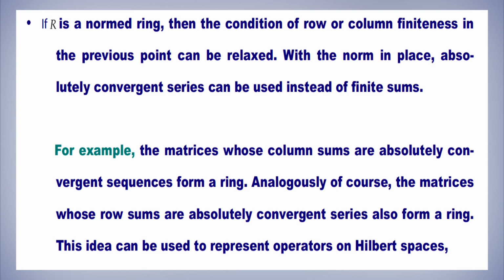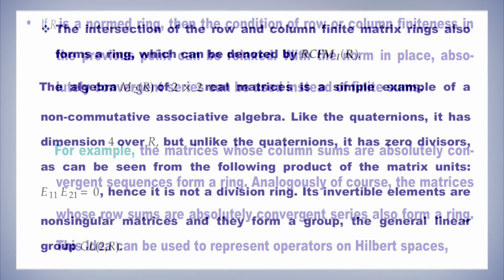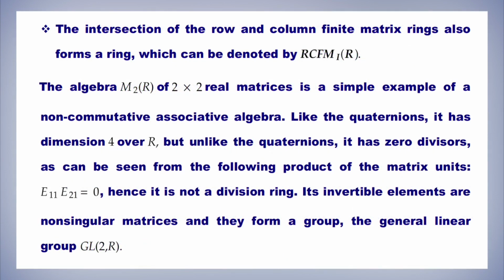Analogously, of course, the matrices whose row sums are absolutely convergent series also form a ring. This idea can be used to represent operators on Hilbert spaces. For example, the intersection of the row and column finite matrix rings also forms a ring, which can be denoted by RCFM_I(R).